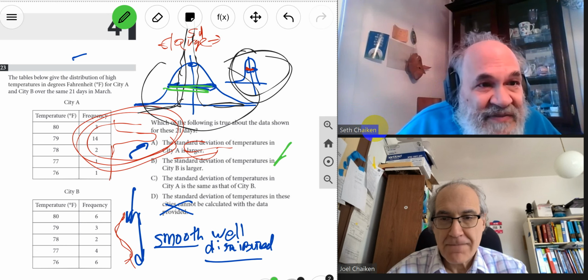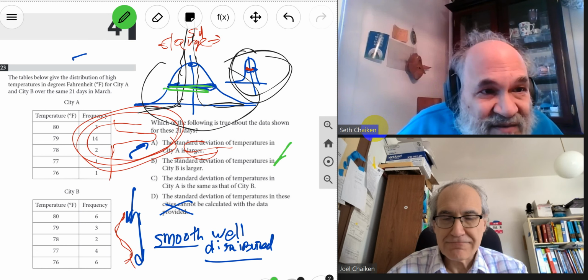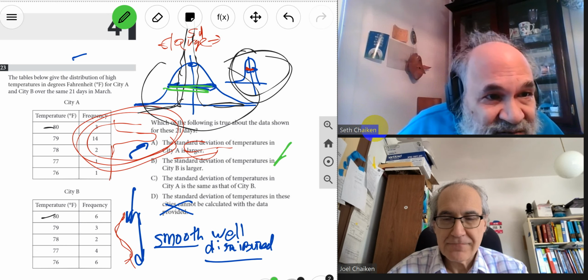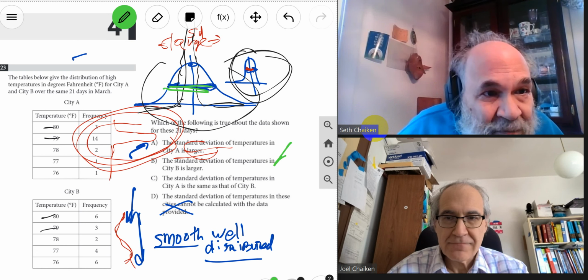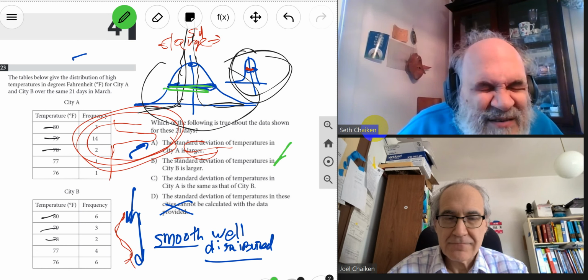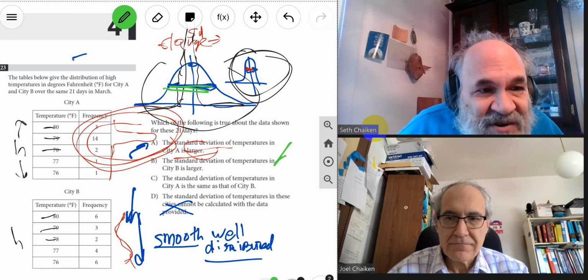Notice that the scales are identical. Right. There's 80, 80, 79, 79, 78, 78. They're identical scales, and the height of each table is identical. Right.